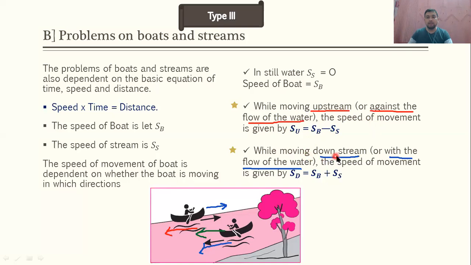While when moving downstream, that is with the flow of water, both are moving in same direction, so less effort will be required to move the boat, so there will be addition. So in case of downstream, SD, the downstream speed is equal to SB plus SS.